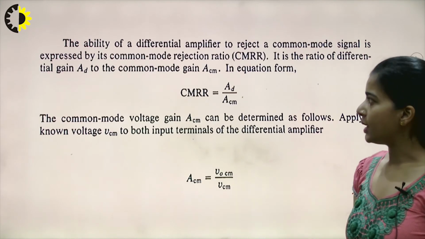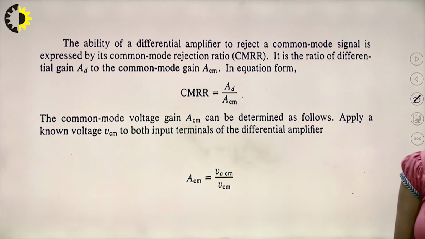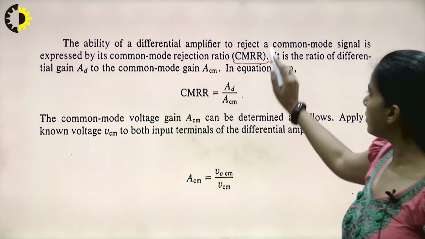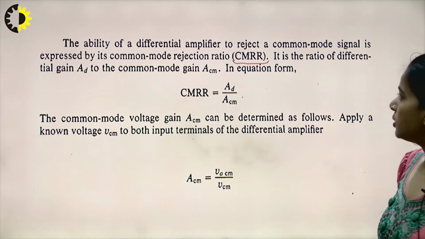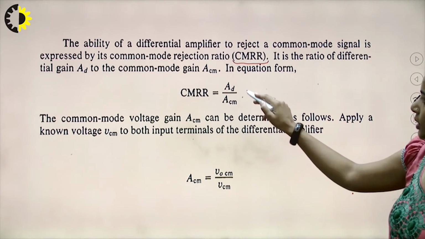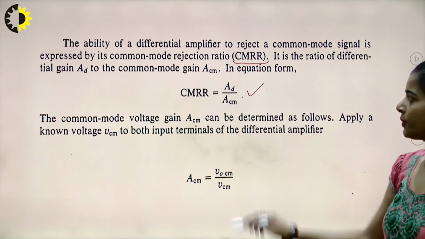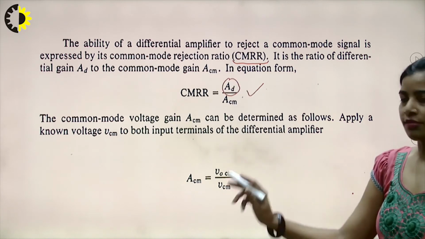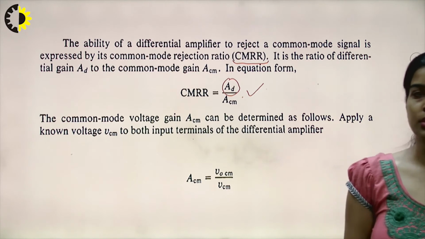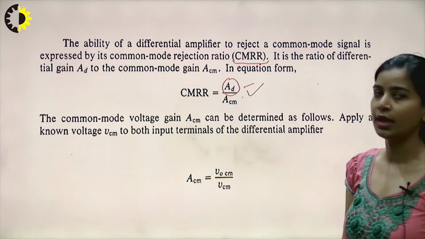So, the ability of differential amplifier to reject any common mode signal is expressed by common mode rejection ratio. So, the common mode rejection ratio we can calculate by taking the ratio of differential gain and the common mode gain. Differential gain that we have calculated when we have applied two different signals at the two inputs, then at that time what the gain of amplifier is the differential gain.